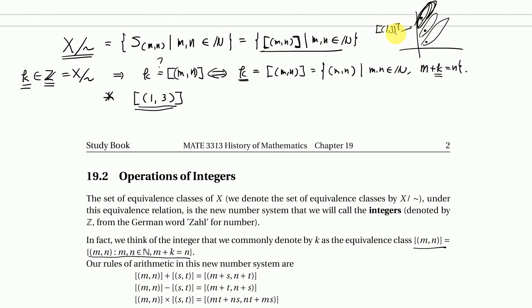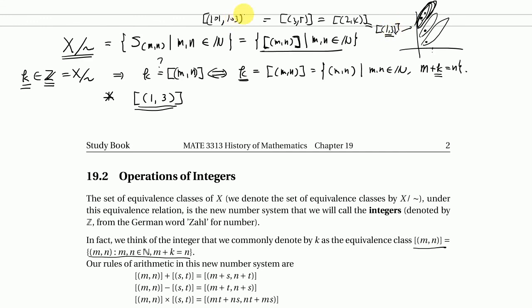Once again, (1, 3) can be written by some other representative, which is (2, 4), and it can be written by (3, 5). If you choose 101 for the first element, then the second element must be 103. It's the same as (1, 3).